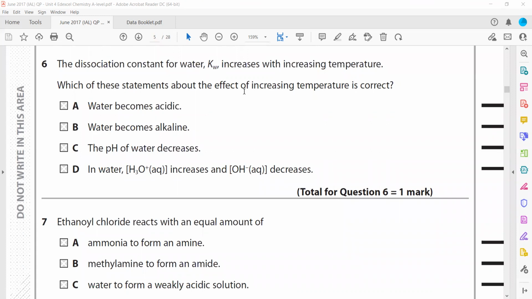The dissociation constant Kw increases with increasing temperature. Which of these statements about the effect of increasing temperature is correct? Look, when we increase the temperature, more molecules of water H2O dissociate into H plus and OH minus, because the reaction is endothermic.